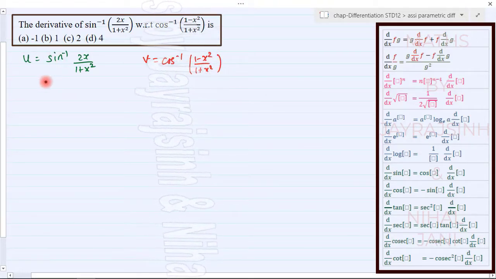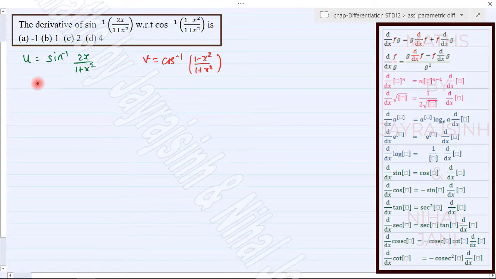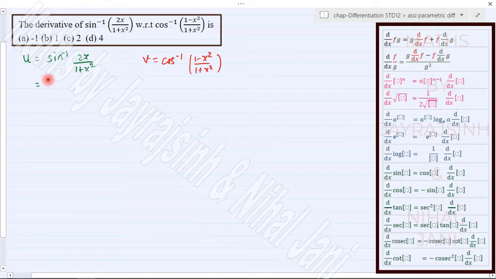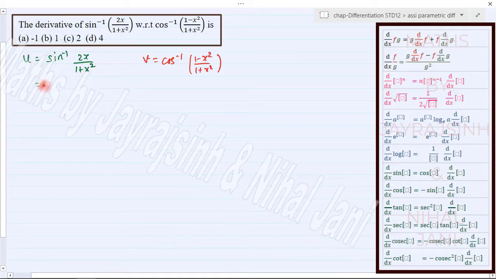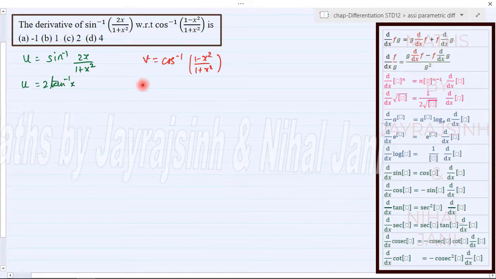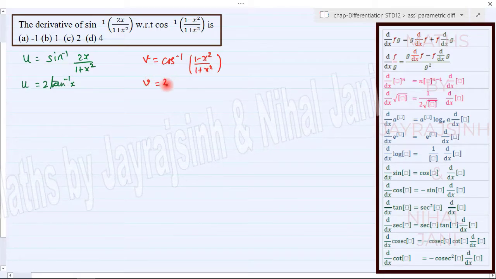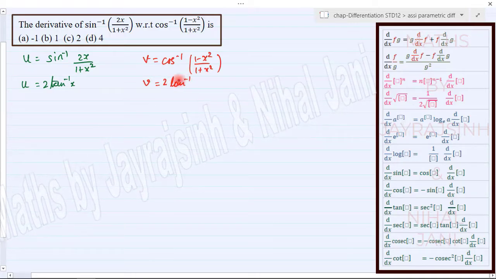Now, before we go for differentiation, let's apply the rules of inverse trigonometry. The sine inverse of 2x upon 1 plus x square is equivalent to 2 tan inverse x. And similarly, cos inverse of 1 minus x square upon 1 plus x square is also 2 tan inverse x.